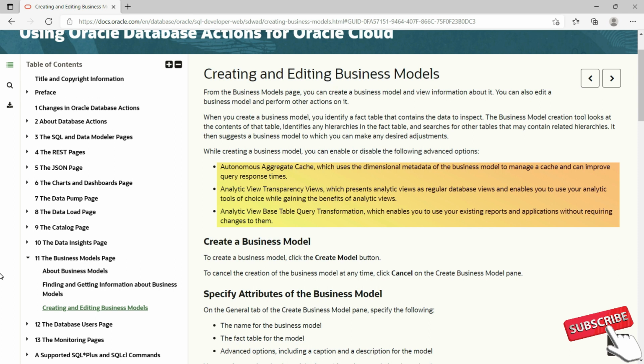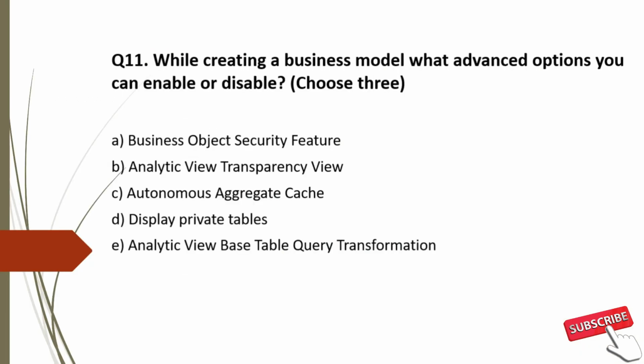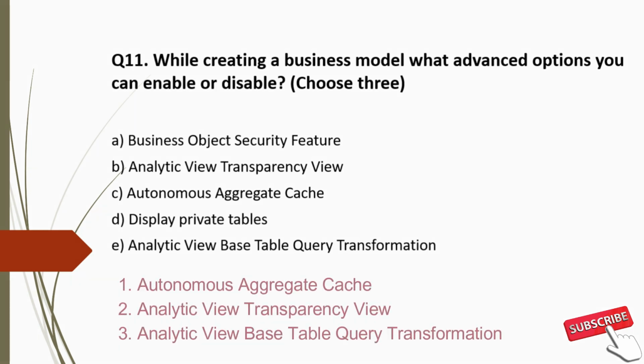Third, analytic view based table query transformation. This enables you to use your existing reports and applications without requiring change to them. So the three options are autonomous aggregate cache, analytic view transparency view, and analytic view based table query transformation.